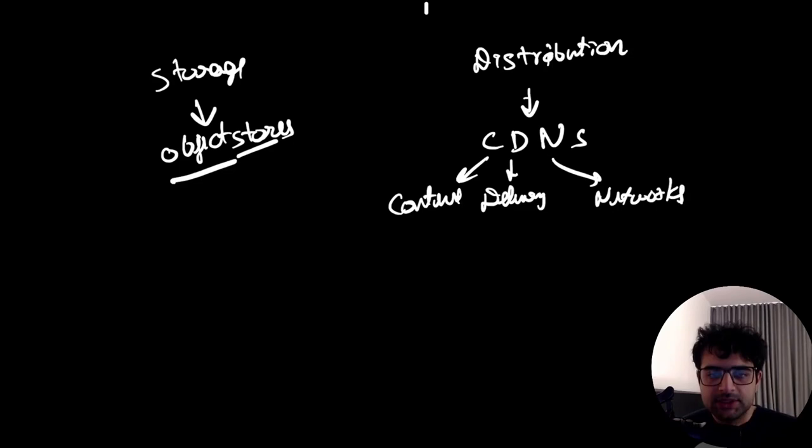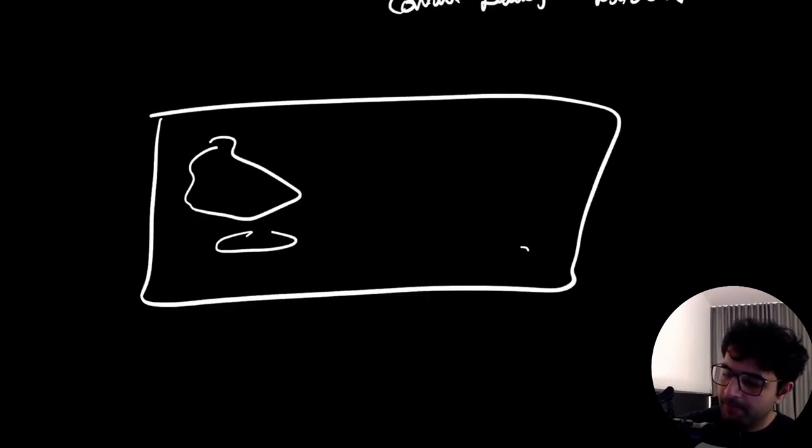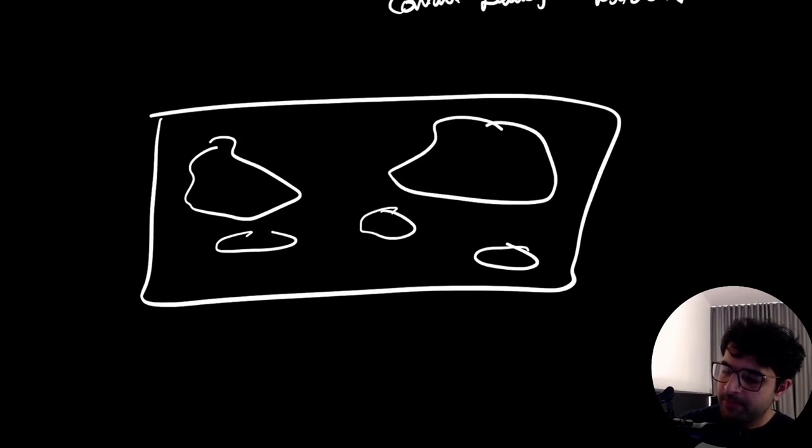Once I've created this file in my object store, this file actually exists somewhere, right? If this is the world map, when I came to this AWS dashboard and uploaded a file, that file reached, let's say, a server of AWS here. It's present in a single location, my a.mp4 file.